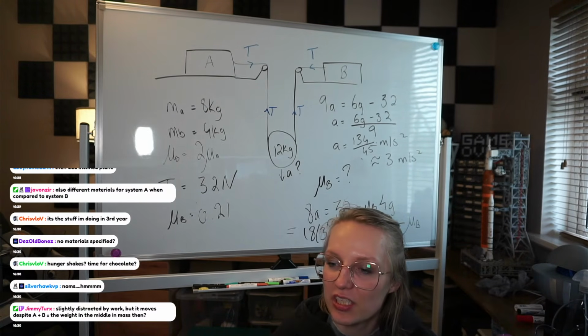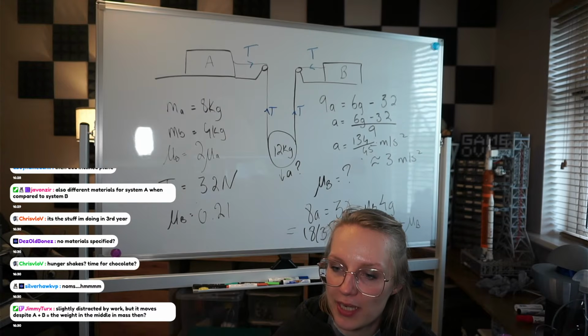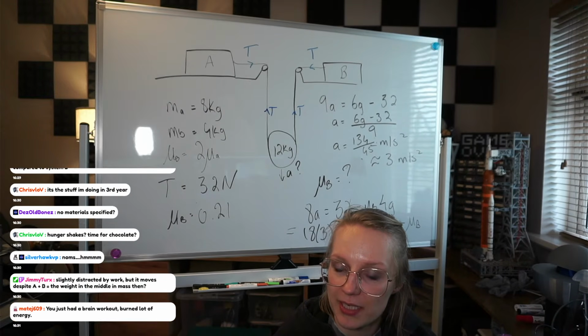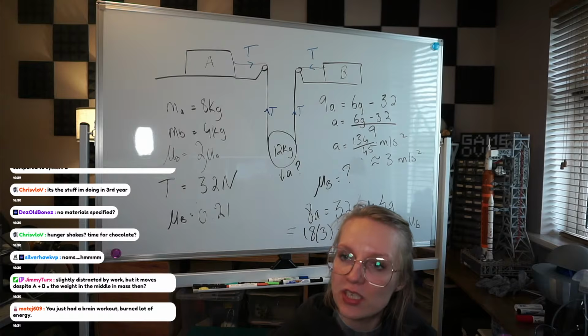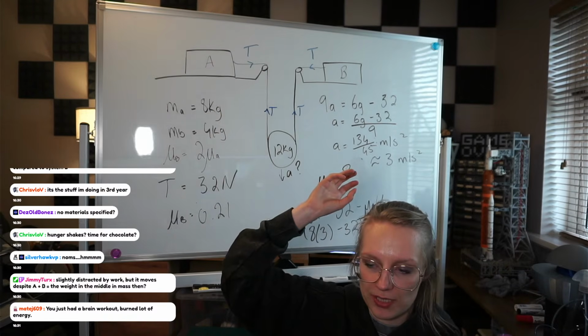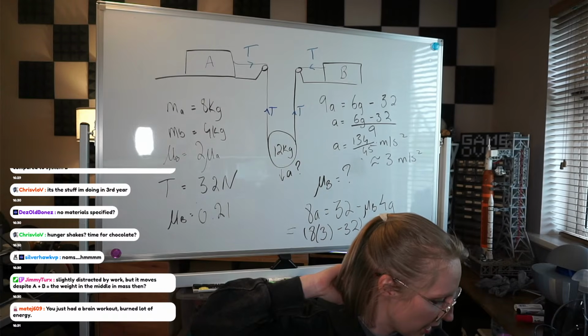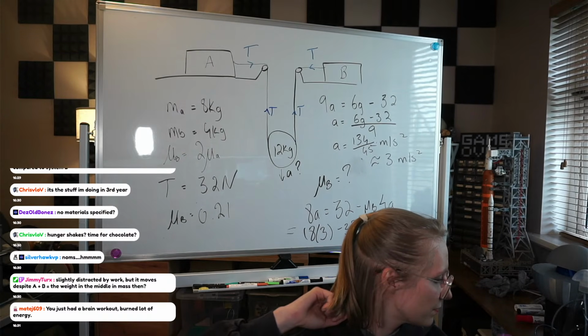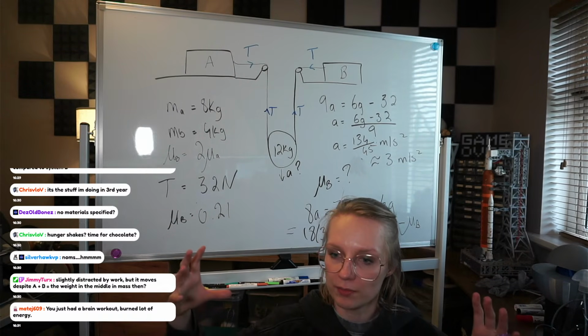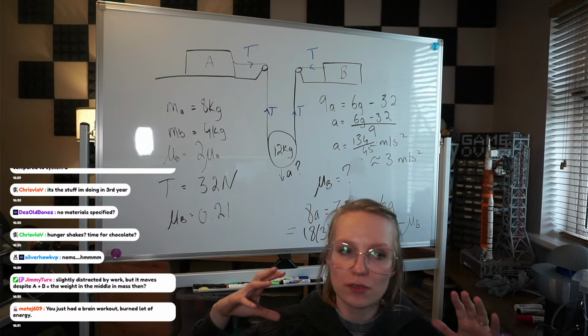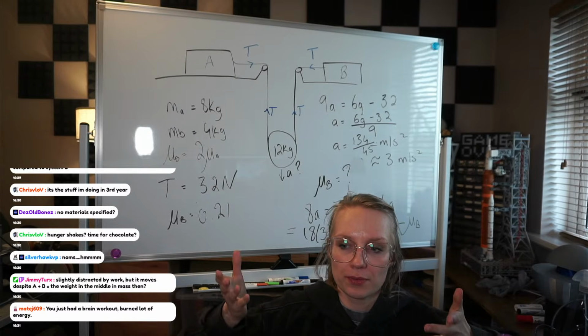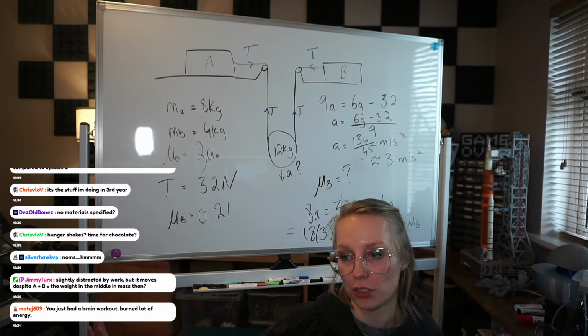Slightly distracted by work, but it moves despite A and B. Is it equal to the weight in the middle mass then? Yes. Well, think about it. It's not the full weight of the block that's pushing it down. If I had a big metal block in front of me, is it easier for you to lift it up, or is it easier for you to push it?